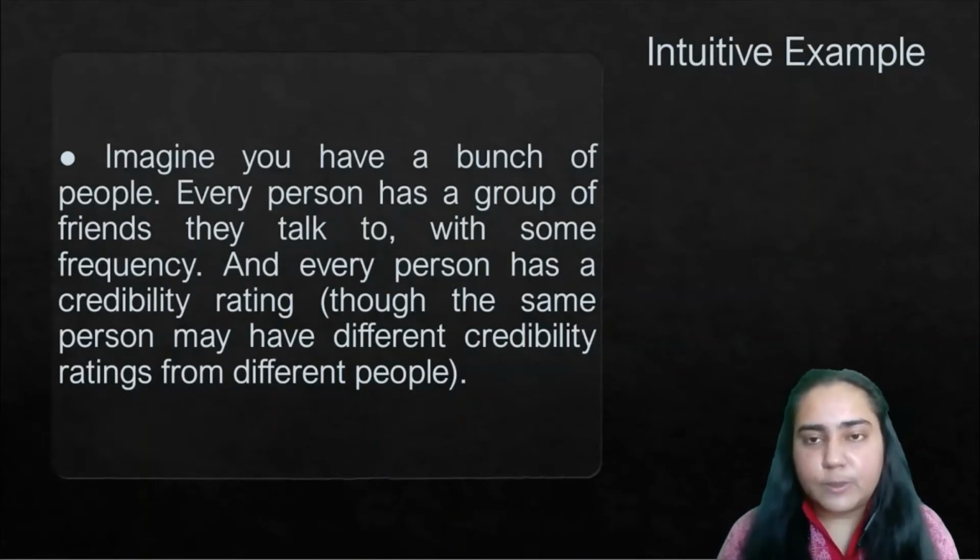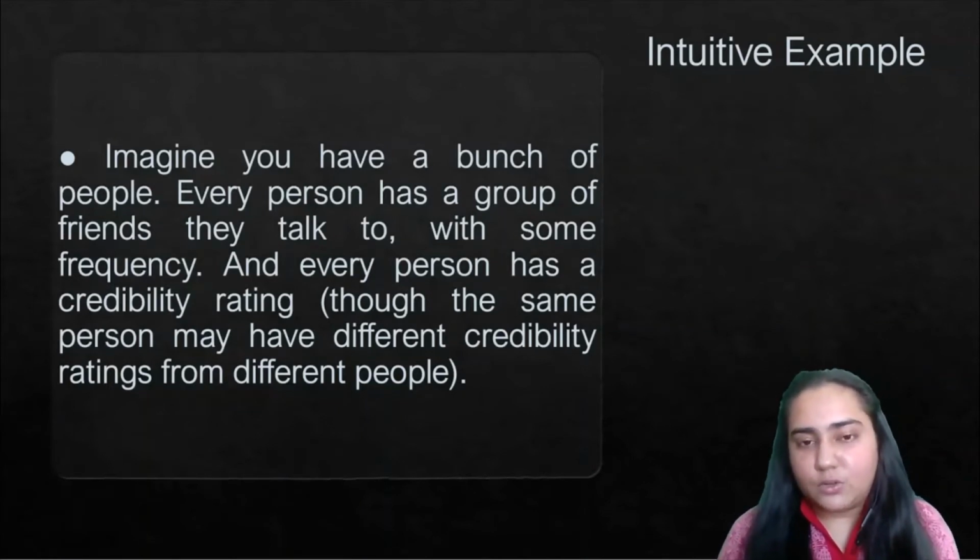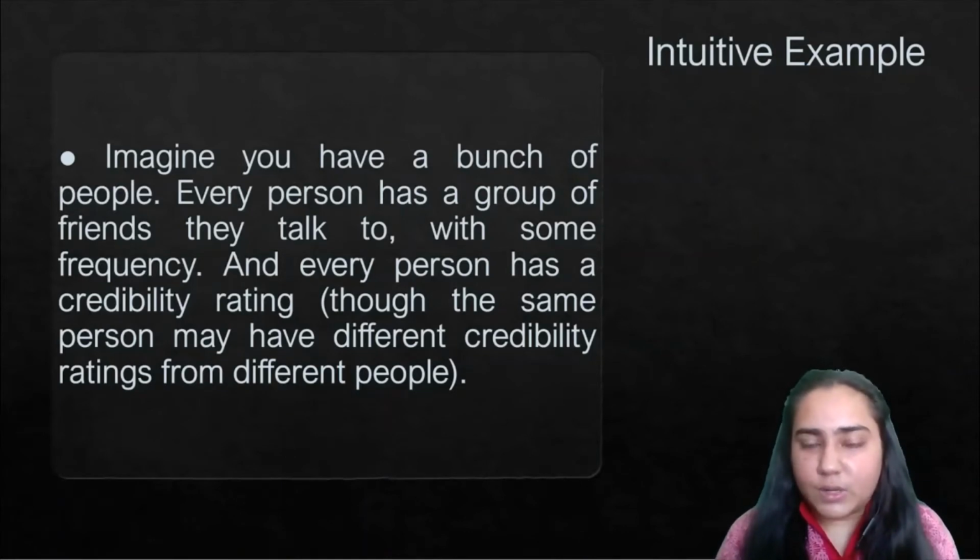So for such people, I'm going to give a higher credibility rating, which means if they tell me something, then I'm more likely to believe it because I trust those people more. But for the rest of the people, I'm going to give them a lower credibility rating because I trust them less. So this is how it's working.